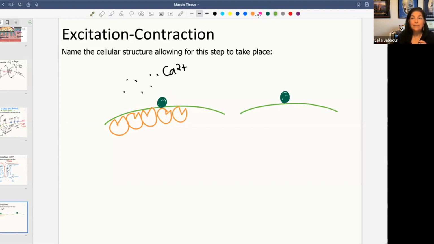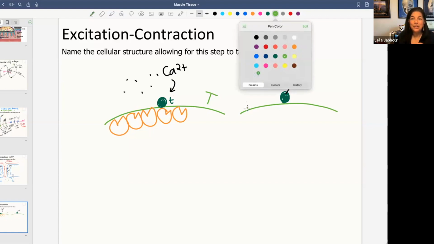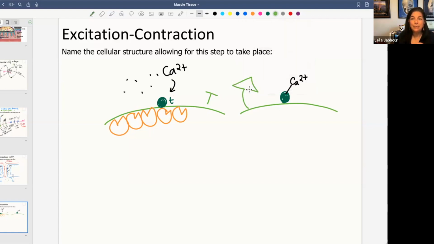But when calcium binds onto troponin, this is troponin, small t, and tropomyosin is the larger molecule, my doorknob, and my key. When the key is in the door, you end up being able to swivel the door away from these binding sites.